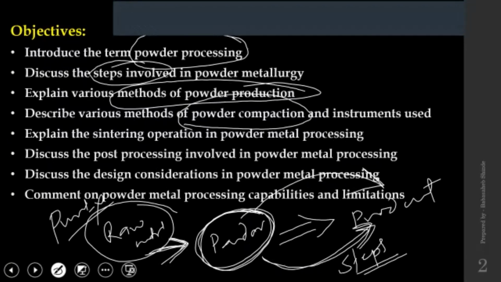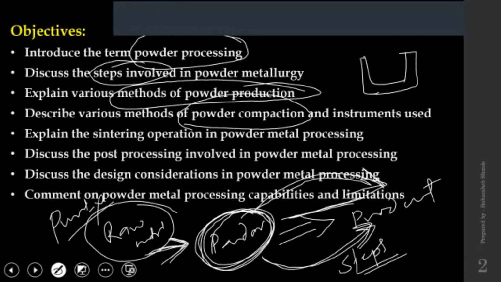The next one, various methods for powder compaction. Once you have got powder, the next step, when you convert powder into product, there are various steps involved in between. And once you have got metal powders, the next step is going to be compaction of those powders. Compaction is nothing but when you provide a raw shape to a product before heating it, right?